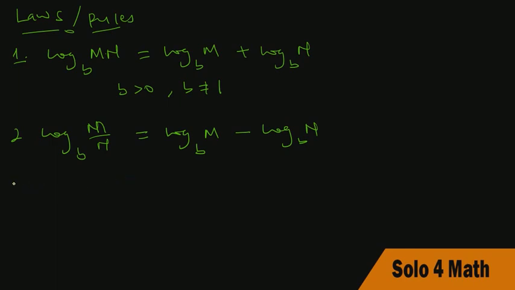Third, if you have log of m to power k base b, then it's the same as this k coming down and multiplying log m base b, where k is an integer.